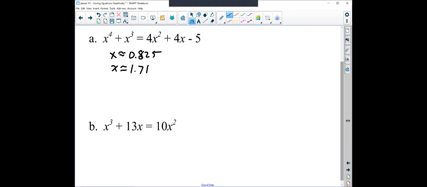All right. The second set, x cubed plus 3x equals 10x squared.